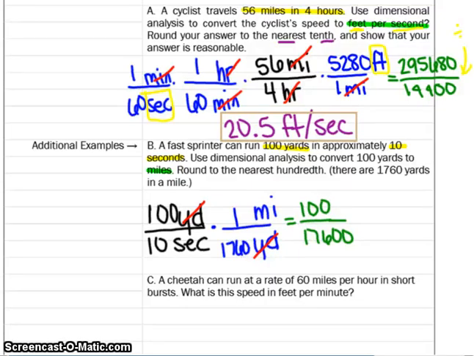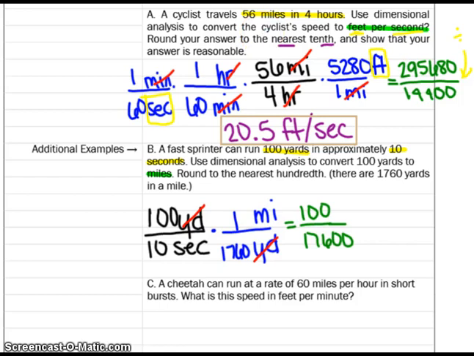Oh wait, that was the other way around. I am getting this decimal 0.005, which would round to 0.01 miles per second, which makes sense because you're not going to be able to run much of a mile in just 1 second. So for it to be such a small number makes a lot of sense.